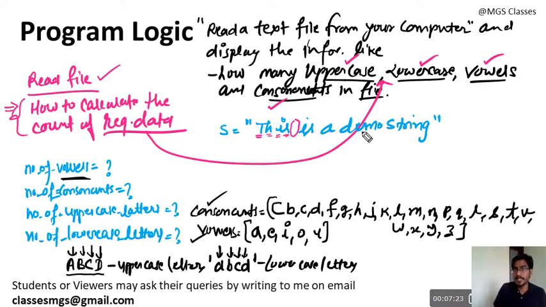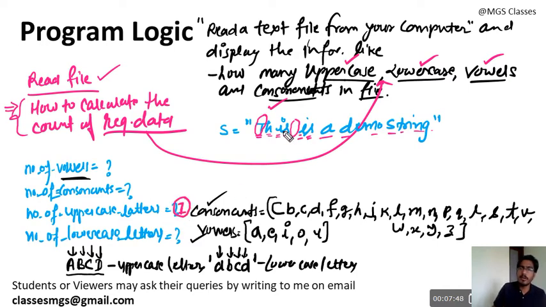Space or other special symbols are not counted as part of lowercase and uppercase letters. So there is nothing capital except this T. So how many capital letters are there in this particular string? Only one. Okay, so this should be the output.